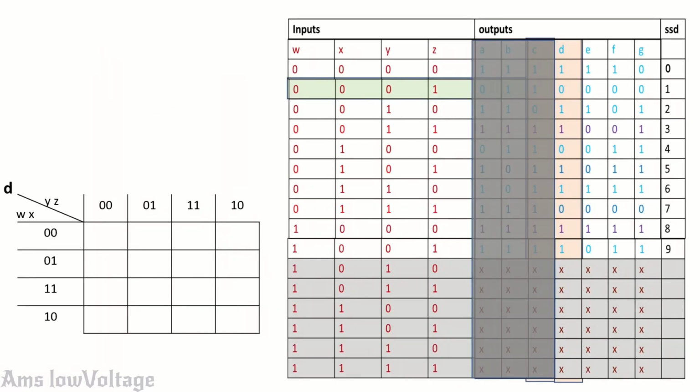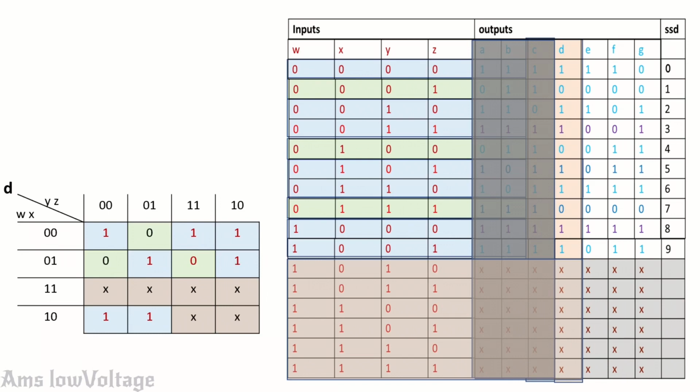It's very simple. And for D, from the truth table, the output of D is like this: 0 0 0 and 1s, and all the don't cares.